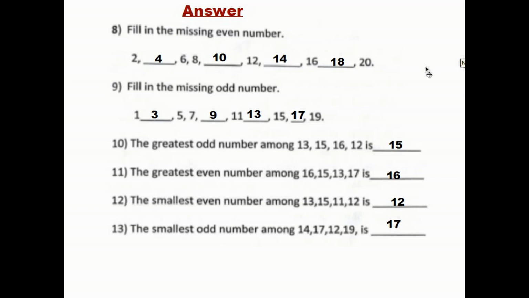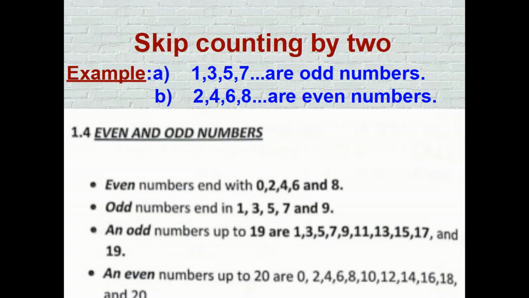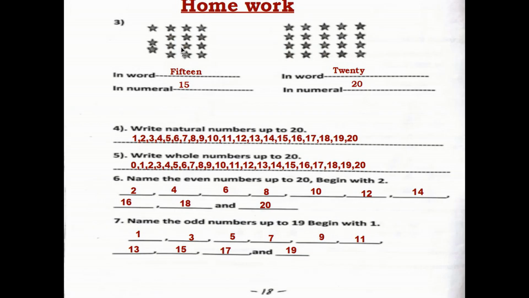Alright, have you finished? Good job. Now let's proceed. Before I give you one additional homework, let's recap what you have seen earlier. We have seen writing numbers in words and in numerals, and also the order of numbers, natural and whole numbers up to 20.